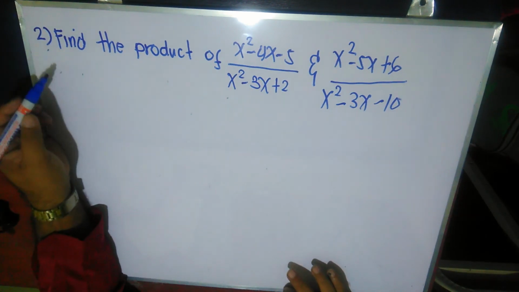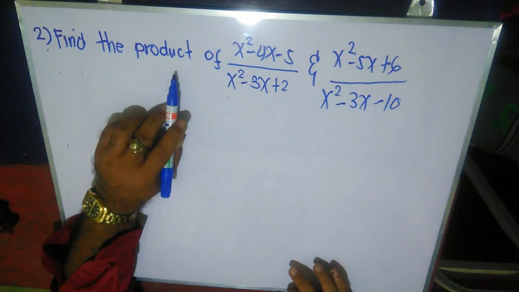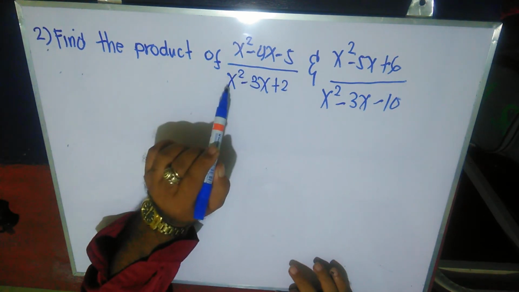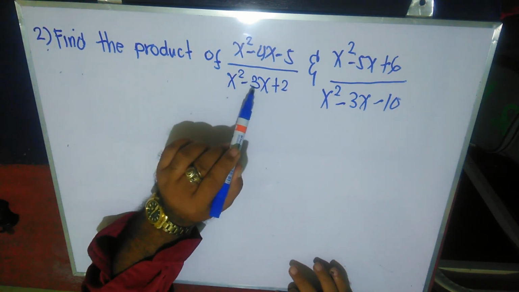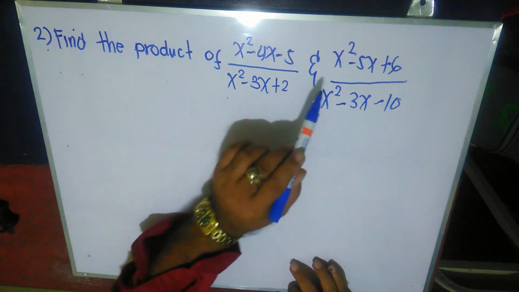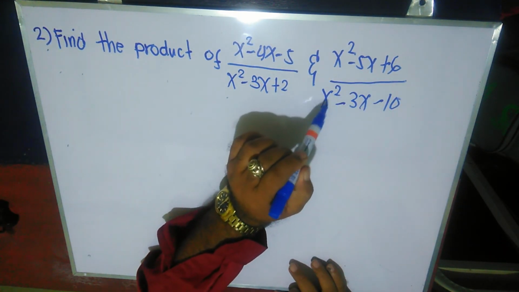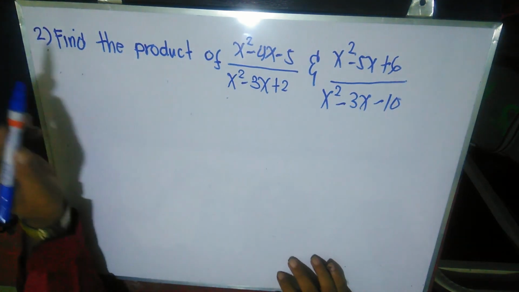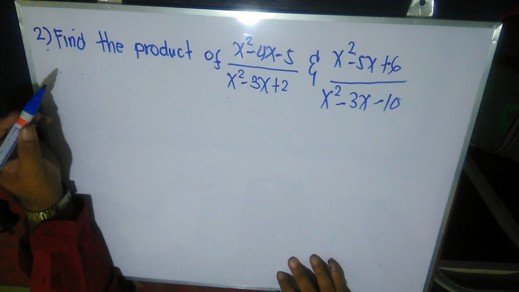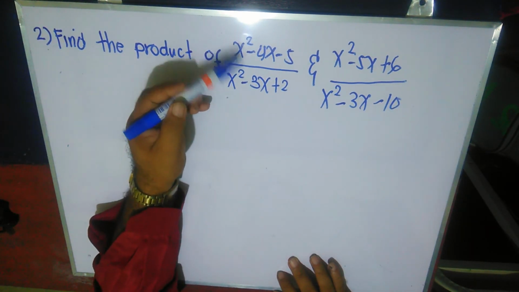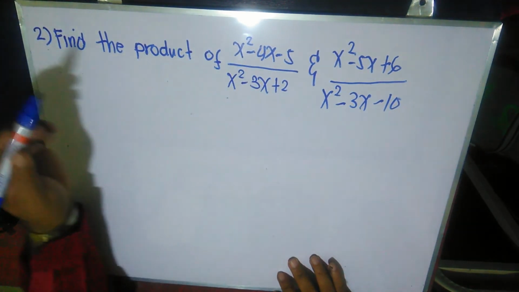Review problem number 2. Find the product of x squared minus 4x minus 5 over x squared minus 3x plus 2 and x squared minus 5x plus 6 over x squared minus 3x minus 10. The first step is to factor all expressions.